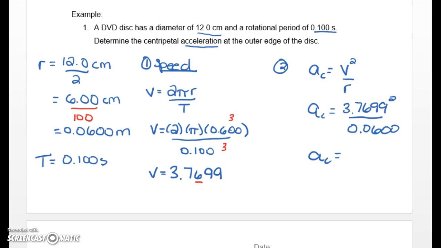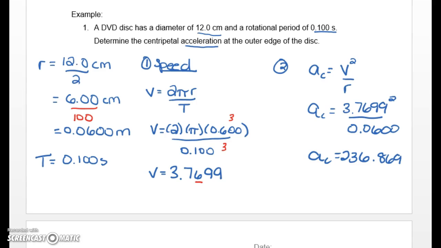Once again, you can plug that all into your calculator all in one step. So go 3.7699 squared, then divide by 0.0600. What you should find is that you should get 236.869 in your calculator.